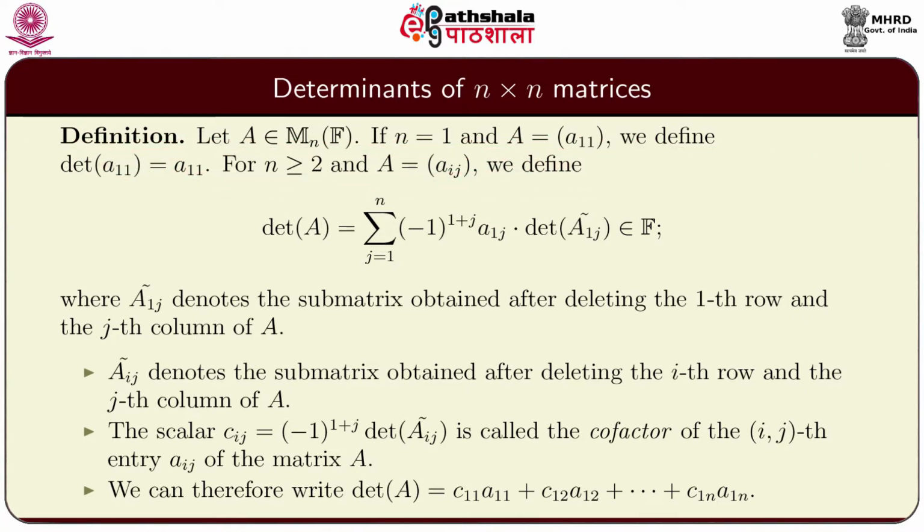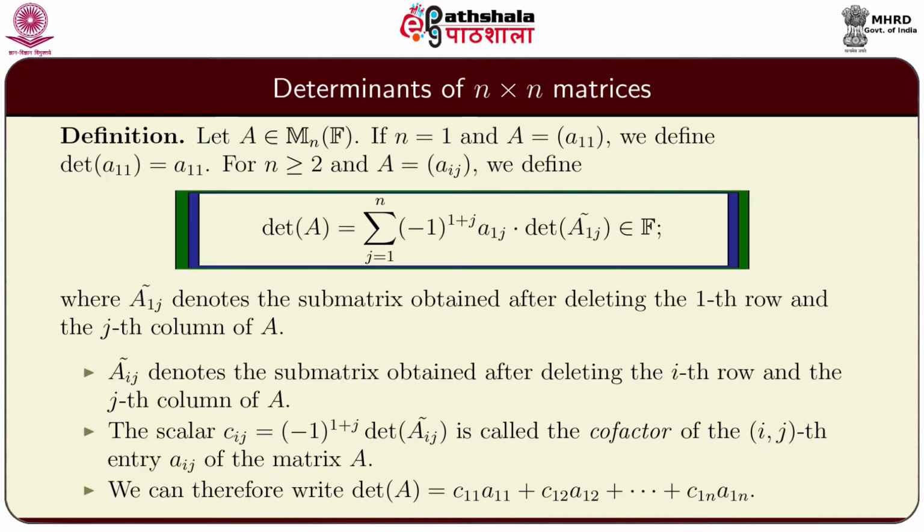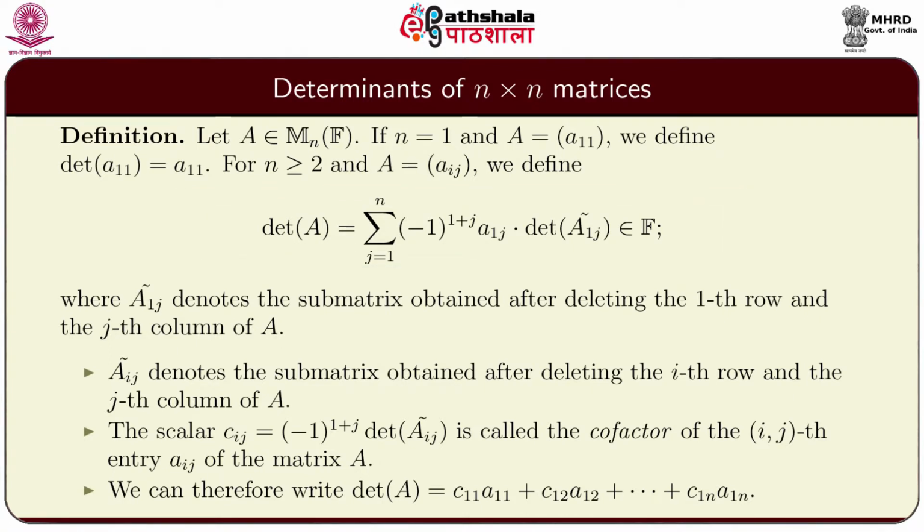Now for n greater than or equal to 2, the determinant of A is defined as the summation over j equal to 1 to n of minus 1 raised to 1 plus j, A1j multiplied by the determinant of capital A1j tilde, and this is a scalar in the field F, where this capital A1j tilde denotes the submatrix obtained after deleting the first row and the jth column of A.